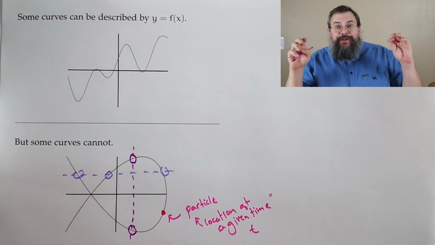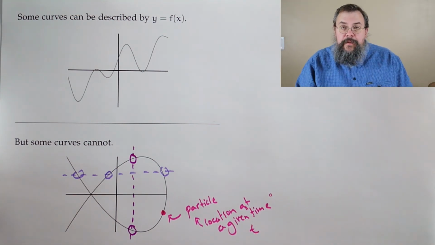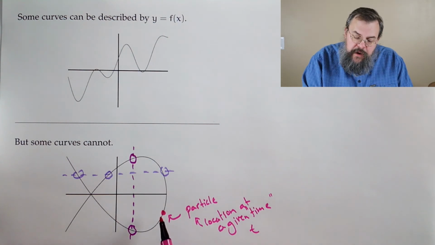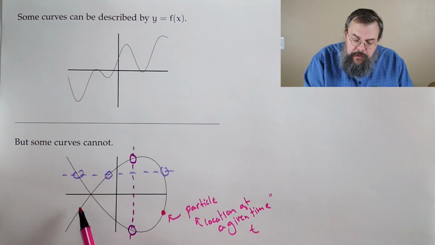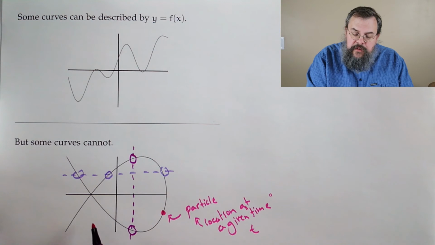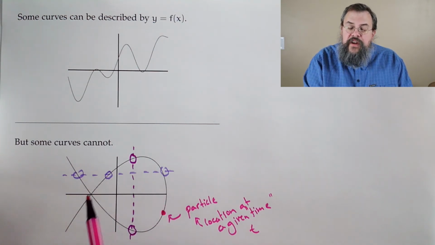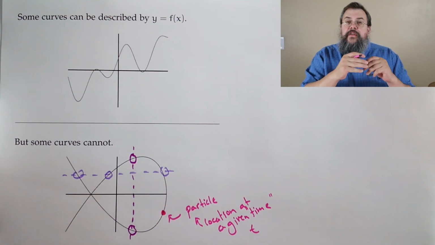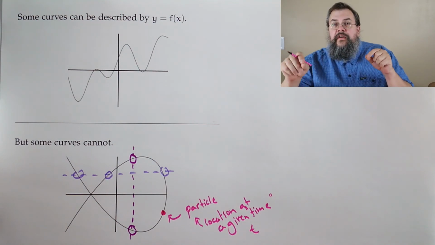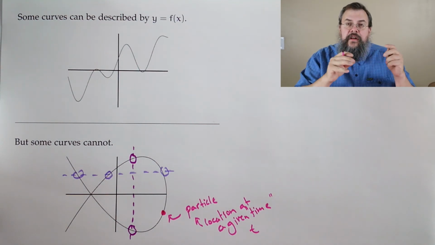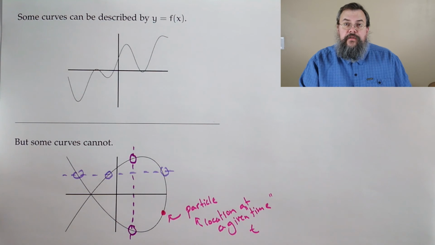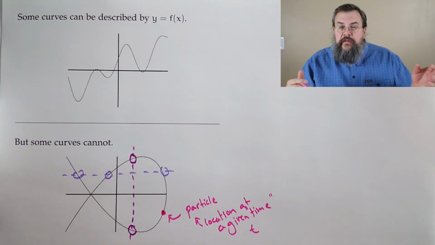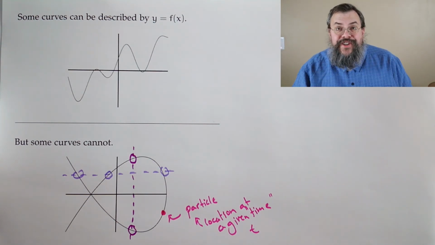And I'm going to put time in quotation marks because it doesn't have to be time. So this particle moves around. And now you say, well, yeah, I could imagine a particle doing some sort of strange motion. And with the curve, the set of points that get traced out will become the curve described by this. We call it a parameterization.